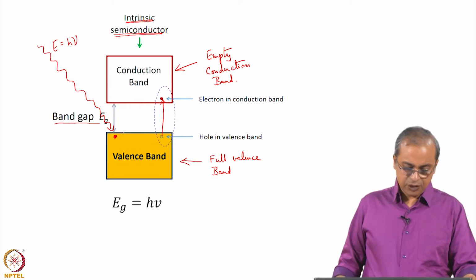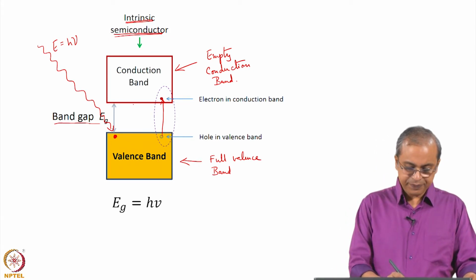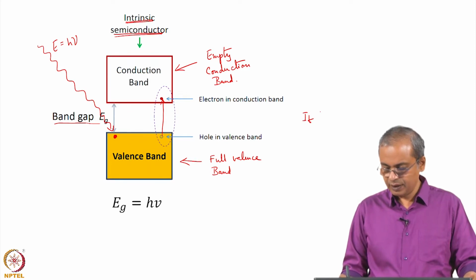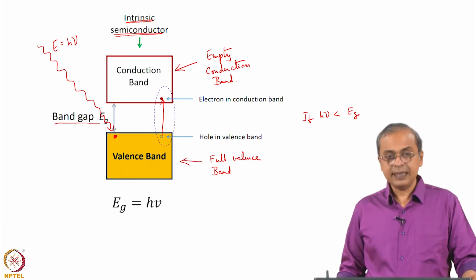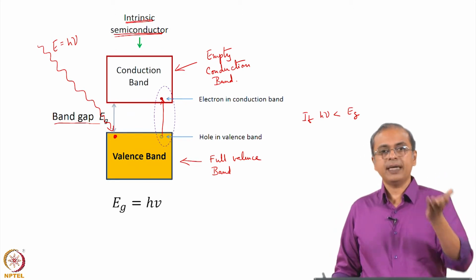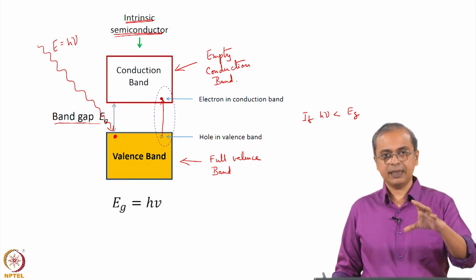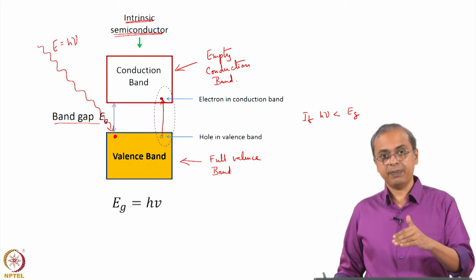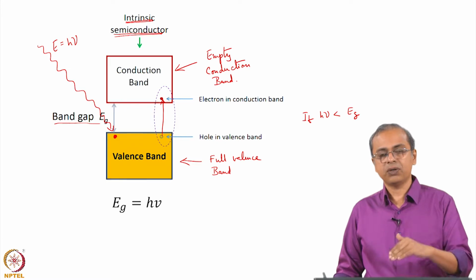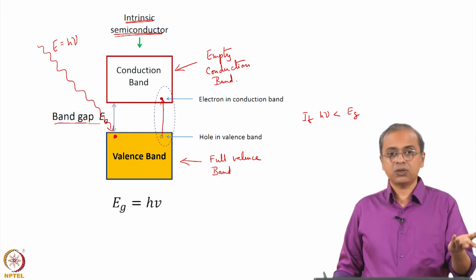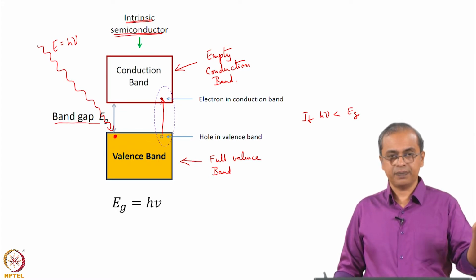Now, if that energy h nu is less than the band gap, then you are not able to get this electron to make a transition. The band gap is a set of energy levels that are forbidden for the electrons in that material, and therefore, this electron cannot go to that location in the band gap, and therefore, it does not interact with that photon.